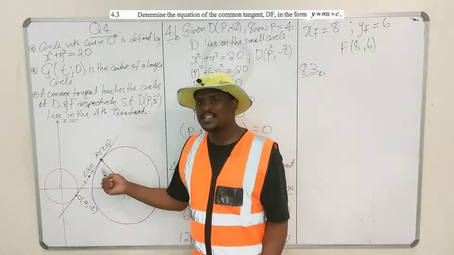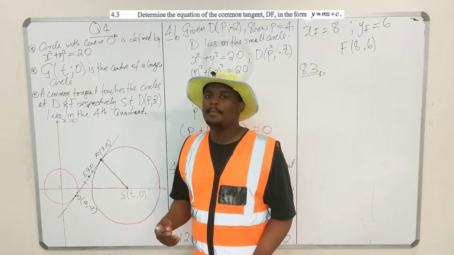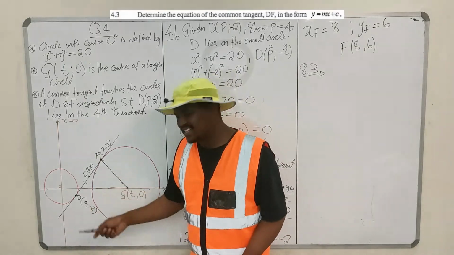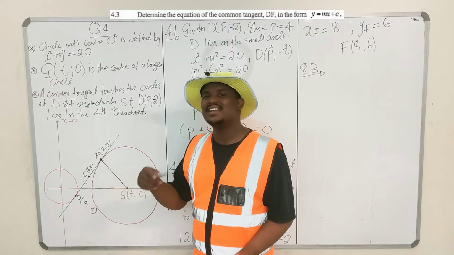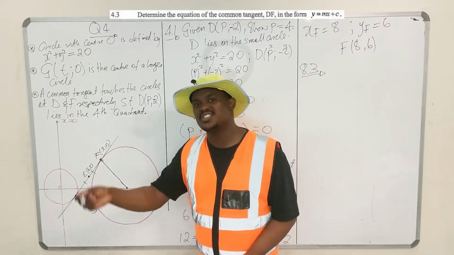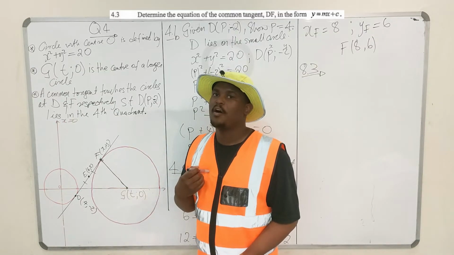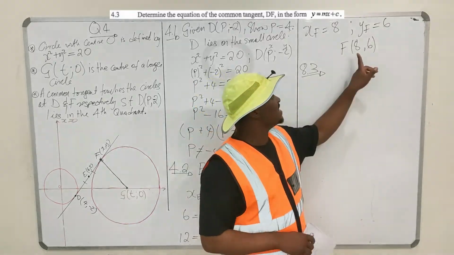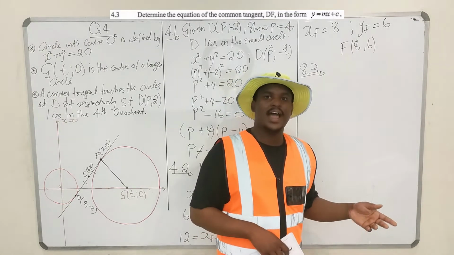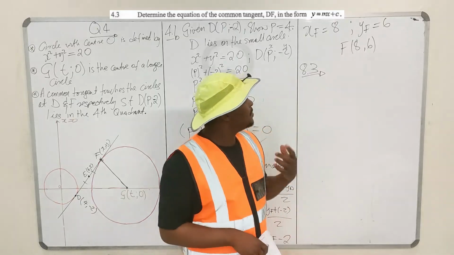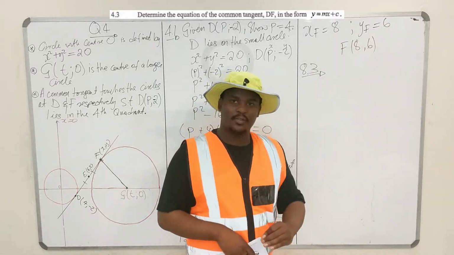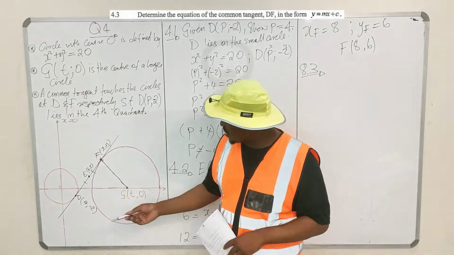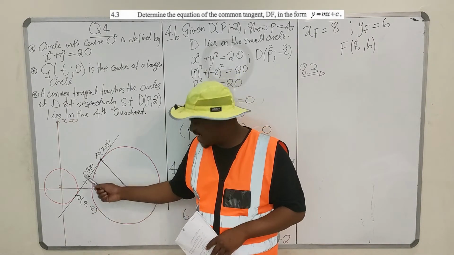But I calculated the coordinates of F. So I'm choosing to use E and D so that if I made a mistake finding F, I won't continue making calculations with that mistake. I'm not saying there's a problem with these coordinates. I hope they're okay. But if there is a mistake, I would not want to continue that mistake going down. So I'll use the natural ones that I was given, D and E.